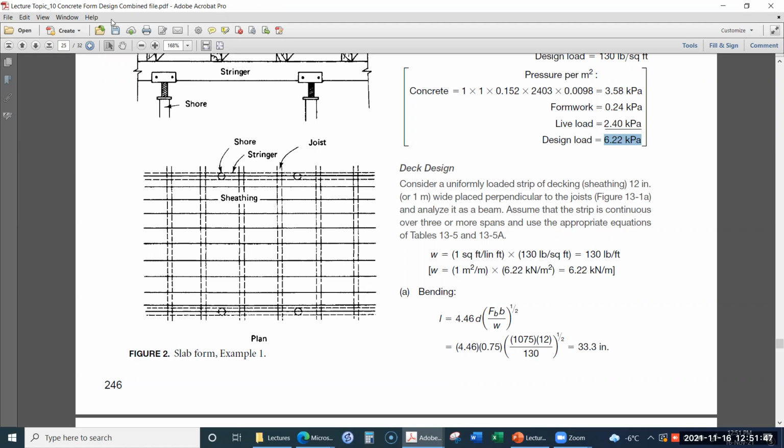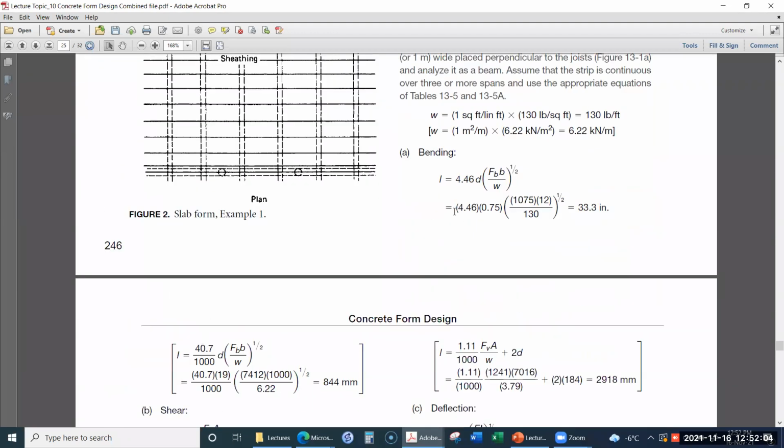Consider a uniformly loaded strip of decking, or the sheathing, 12 inches or 1 meter wide, placed perpendicular to the joists, as you can see in figure 13-1A.